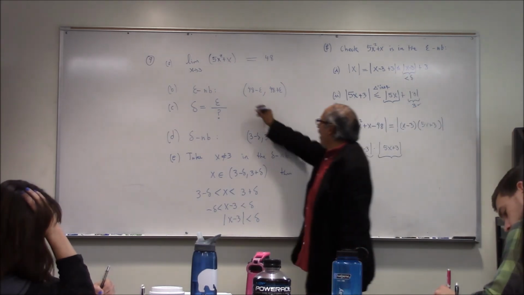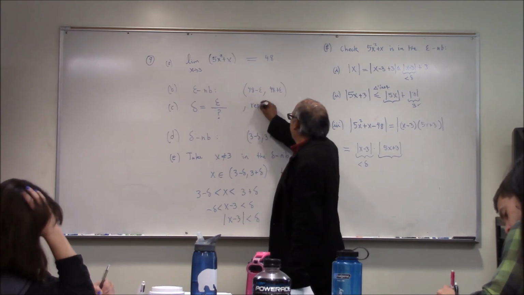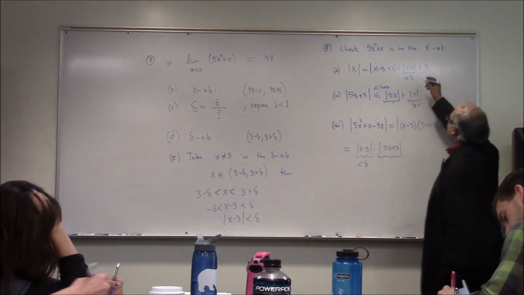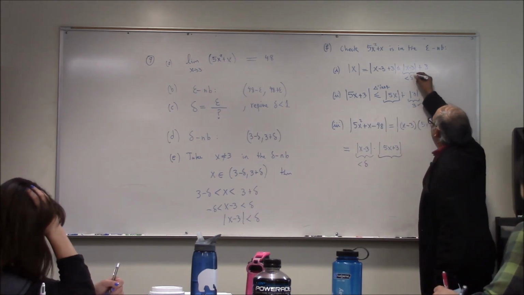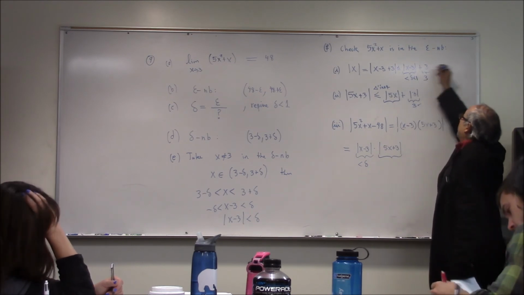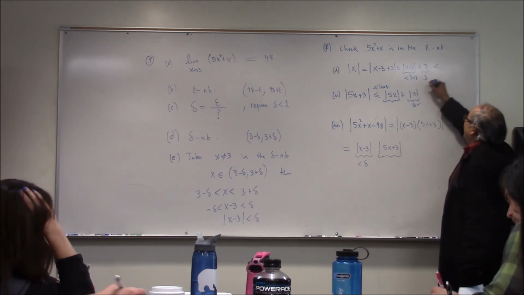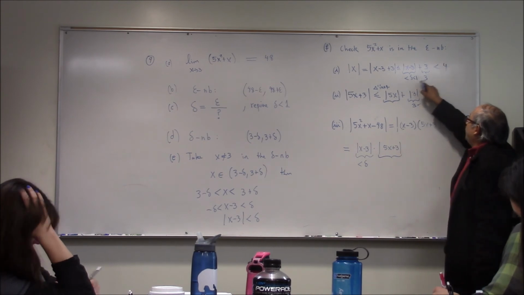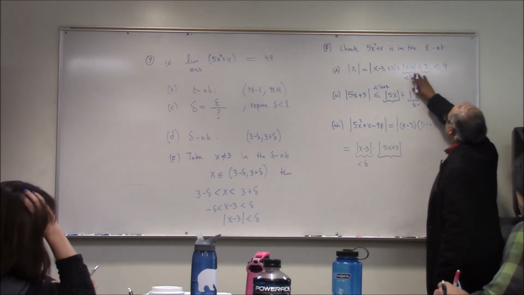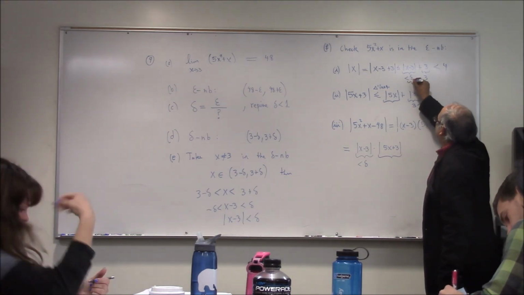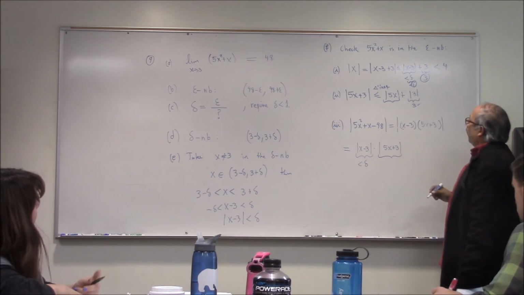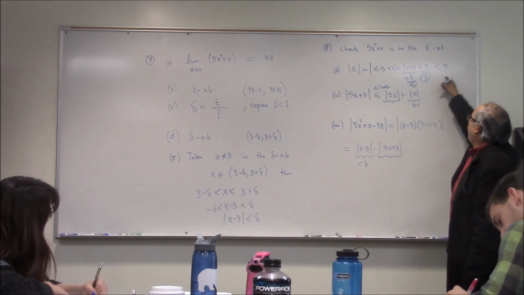But if I require delta to be less than 1, that gives me that this guy is less than 1. And this guy is 3, so the sum is going to be less than 4. 3 plus 1. You can say it like this. This is less than 1. So this is less than 3 and less than 1, so the answer is less than 4.